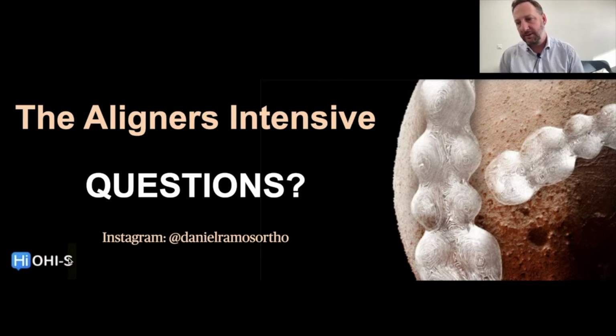Great question, because this is something I researched a lot when I was looking for something to accelerate my treatments and make aligners more predictable. So this device in the United States, the country where it was launched, costs around $400 to $500 per device.